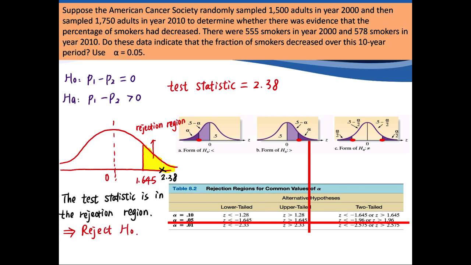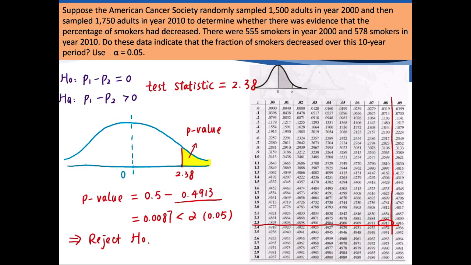Now let's see the p-value. The p-value starting point will be the test statistic 2.38, and we need to highlight on the right because HA is bigger than, so it is on the right. And for the p-value, we will use the z-table according to the z-score 2.38, and the table value is 0.4913.